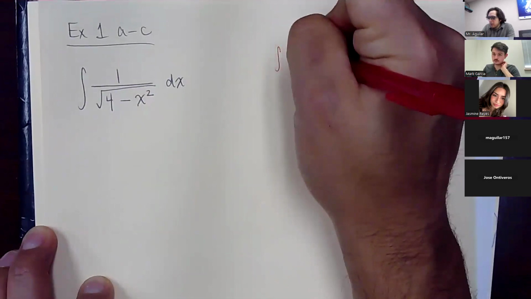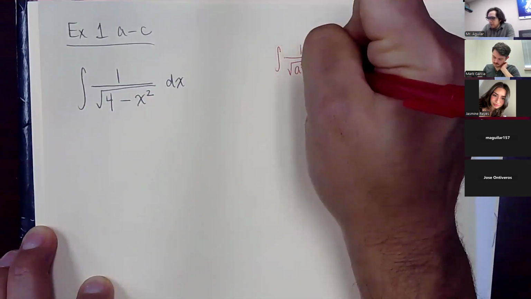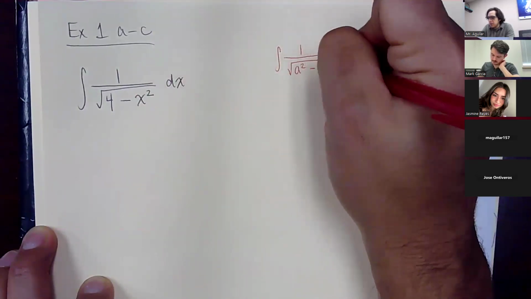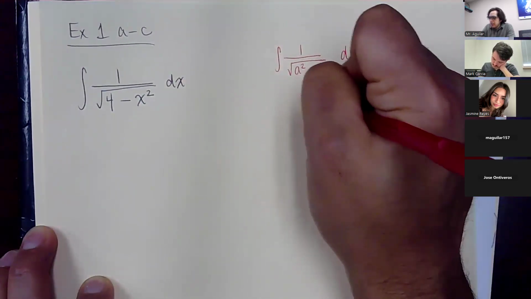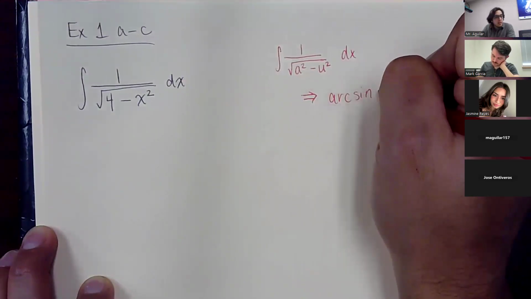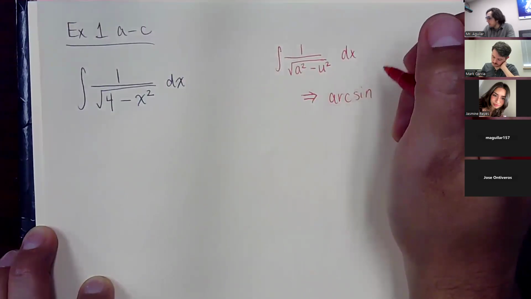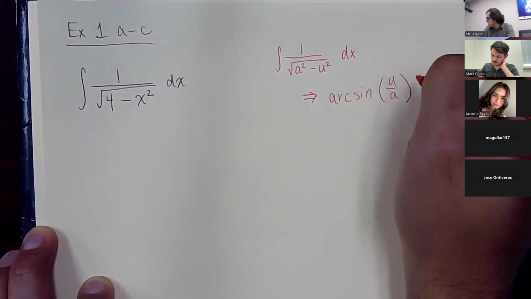We're looking at the integral of 1 over the square root of a squared minus, and then the x is the function of u, so that's going to be u squared dx, and that's going to turn into your arc sine. Okay. Arc sine of, what do we have? U over a plus c, is that it? Yeah.